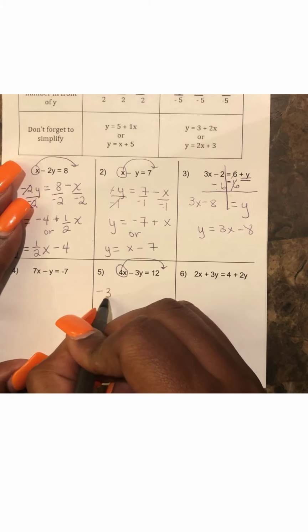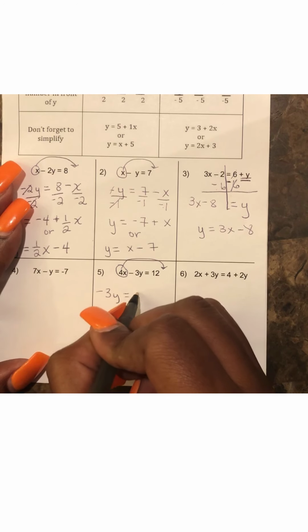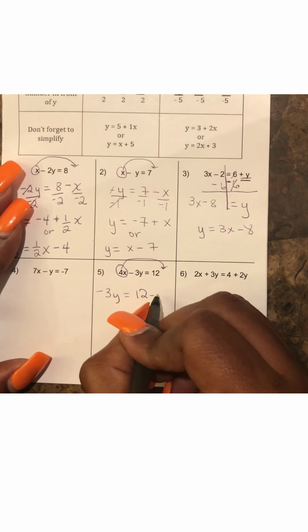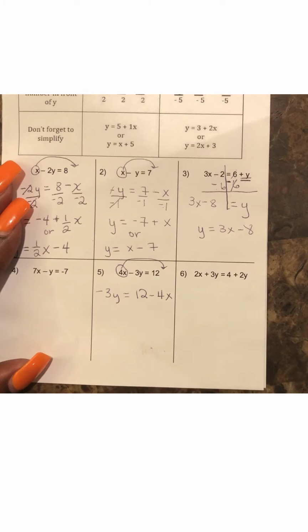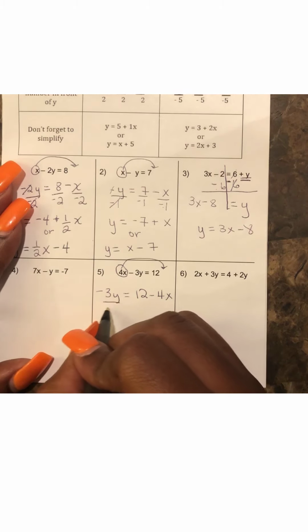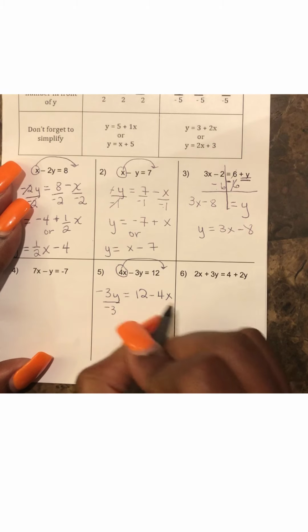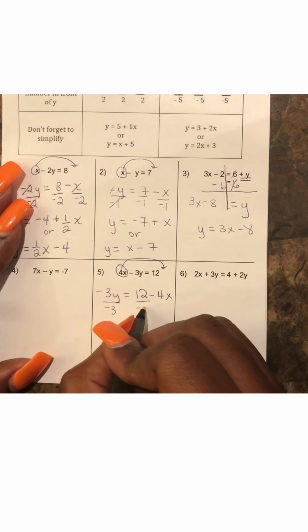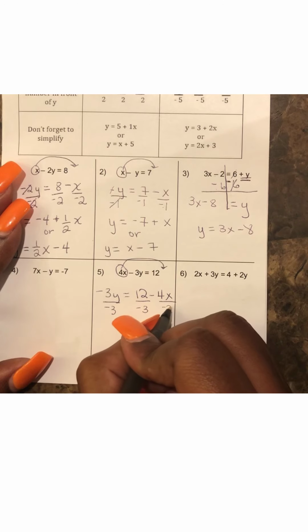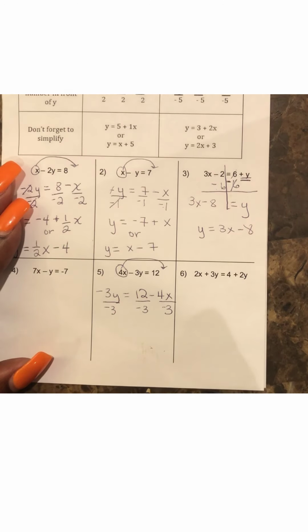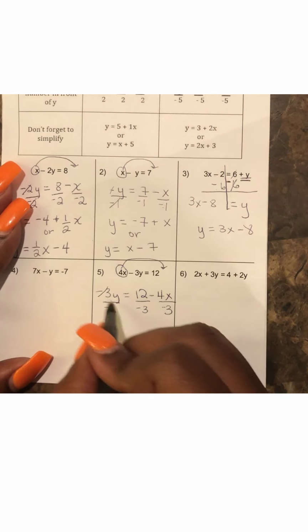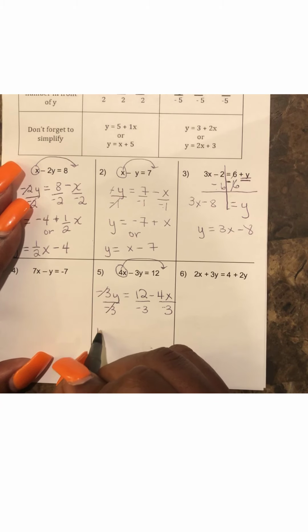We have negative 3y equals 12 minus 4x. Divide by the number in front of y, which is negative 3. And remember, we divide each term by negative 3. Don't forget to simplify. My negative 3's cancel out, leaving y alone.